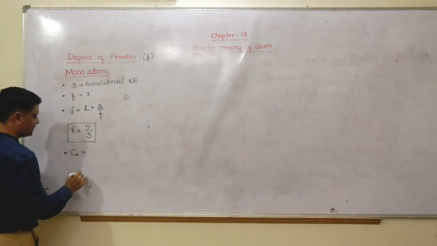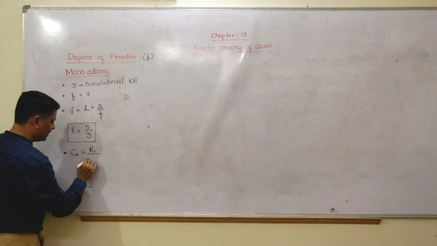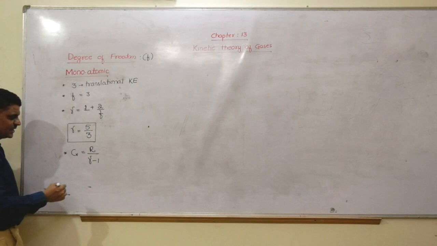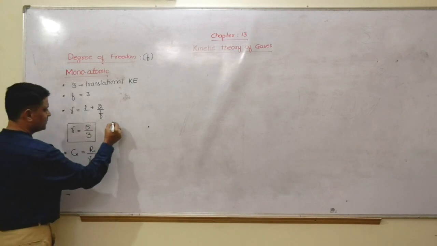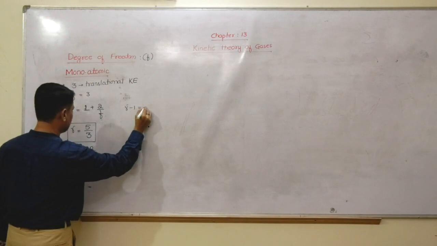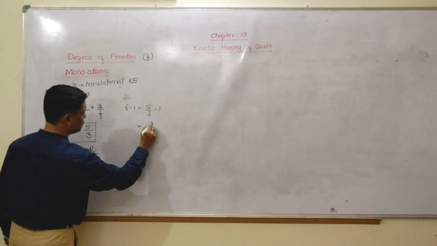Then Cv can be written as R divided by gamma minus 1. Here gamma minus 1 is equal to 5 by 3 minus 1, which is 2 by 3.